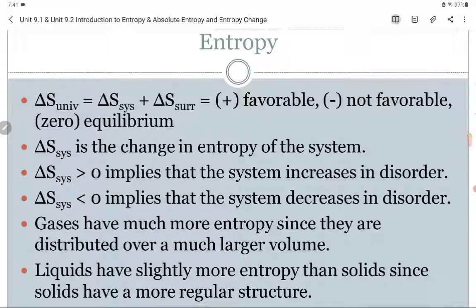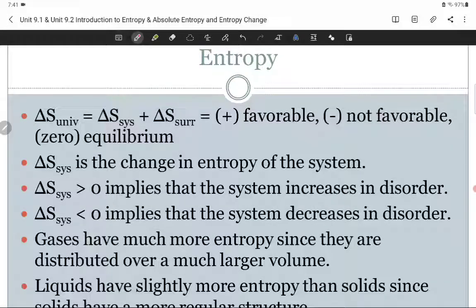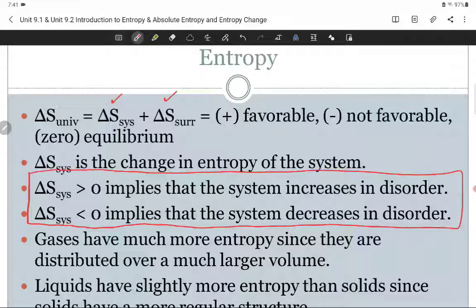So I don't think we're going to get to use this equation, but the system and surroundings are related to each other, for sure. But this is where we're going to be interested in. This first item was in your textbook, so I wrote it down. But delta S of the system, if it's greater than 0, it's increasing in disorder.